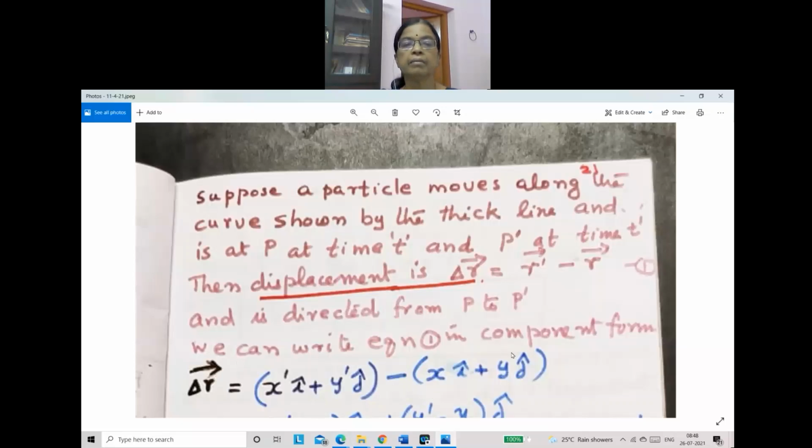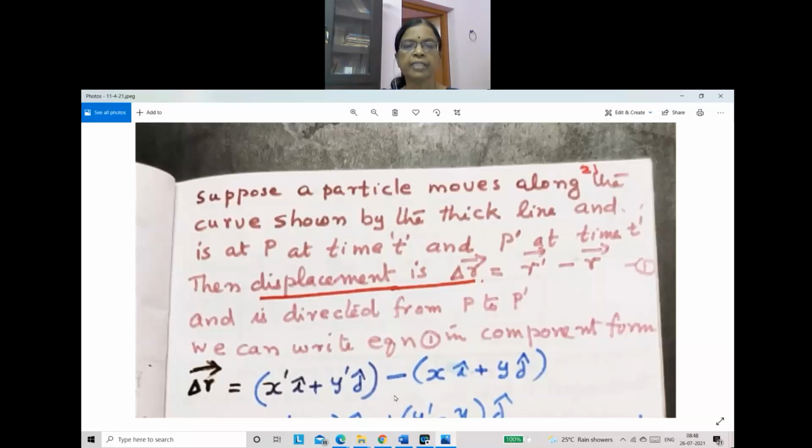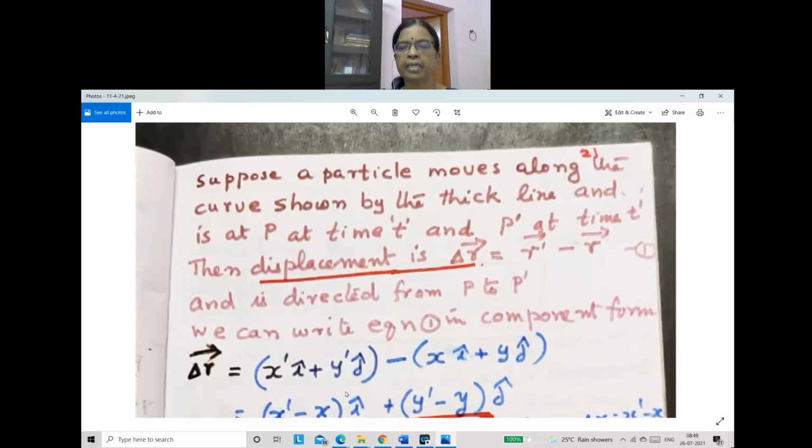I components take together and subtract. Tell, x dash. We are subtracting this. We are finding the displacement vector. Can you tell? Amal Krishna. Bhagat is there? Tell, how will you subtract? x dash minus x into i cap plus y dash minus y into j cap.